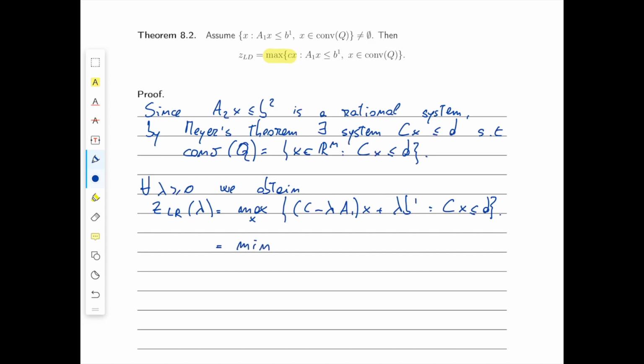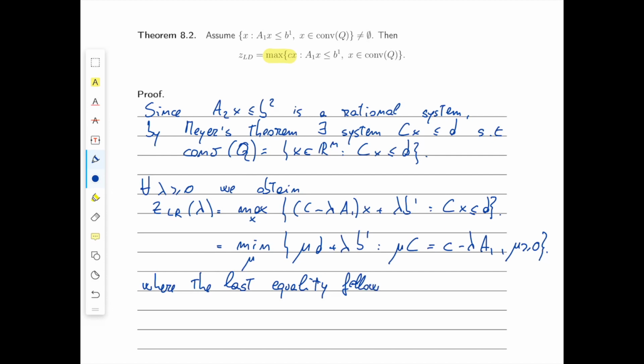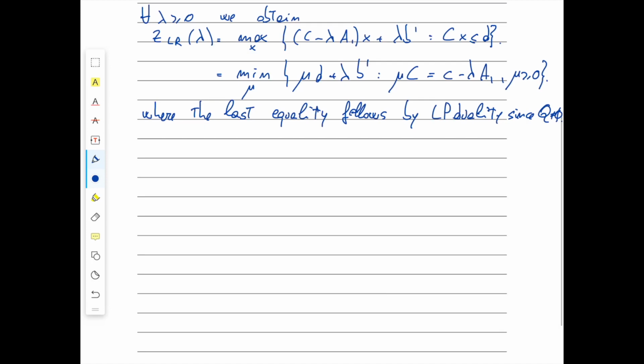So this is the min over variables mu of mu d plus lambda b1 such that mu c equals c minus lambda a1 and mu greater than or equal to 0, where the last equality follows by LP duality since Q is non-empty.